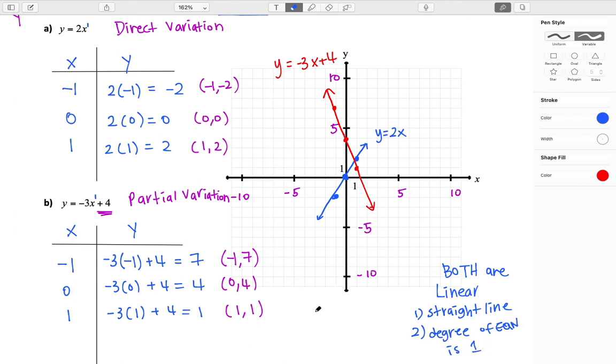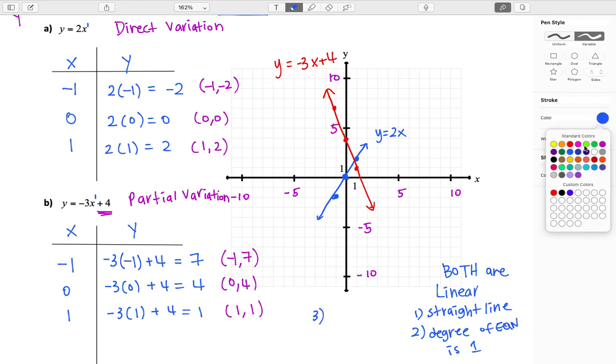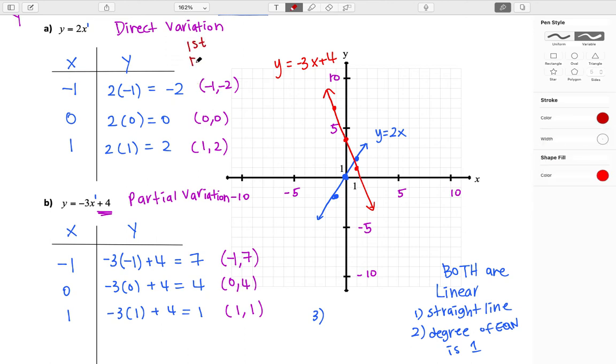Or another way to check if it's linear is by looking at the first difference we learned from yesterday. The first difference is always based on the y value. So what we do is second number minus the first number. 0 minus -2 is 2. Next, 2 minus 0 is 2. So as you can see, the first difference is the same, 2, 2. Same thing here.